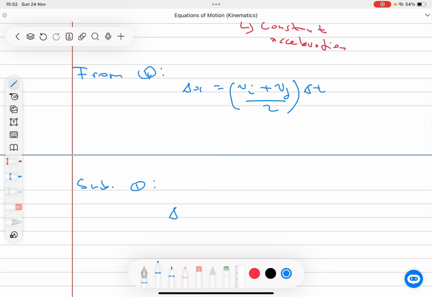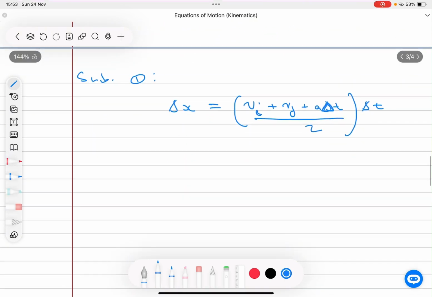From equation 4 we substitute 1, so we'll have delta x is equal to V initial plus final velocity as per equation 1 would be given by V final plus A times change in t. And all this is still divided by 2, because I've just replaced this by this guy here, so that I still have here the delta t.